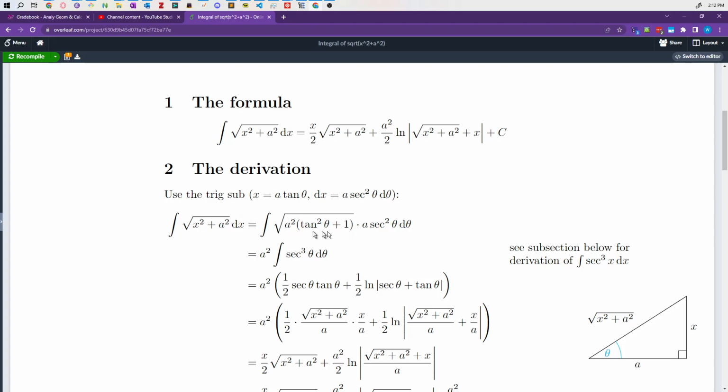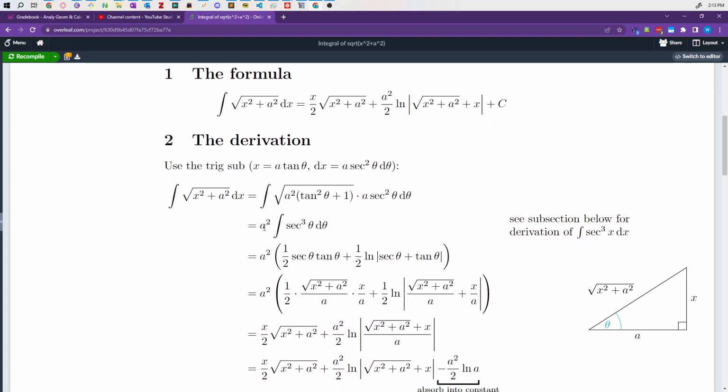So the trig sub gives you this new derivative, and then you can take the square root of the a squared, giving you an a, so a squared comes out. And then this becomes secant squared, in the square root, so then you end up with secant cubed.